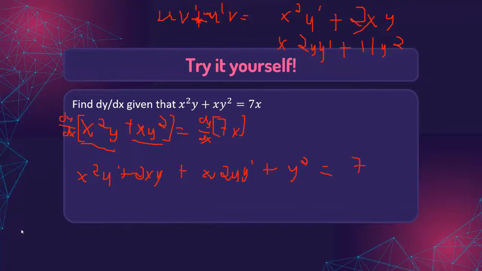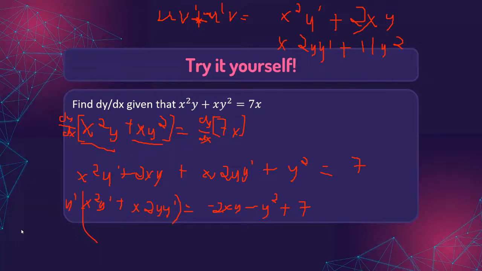After getting the derivative of each term, we will now move all of the terms with y prime to the left side. So it will become x squared y prime + x 2y y prime = -2xy - y squared + 7. After moving all the terms with y prime, we will factor out y prime.